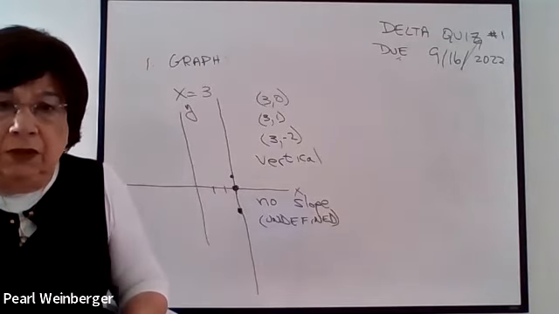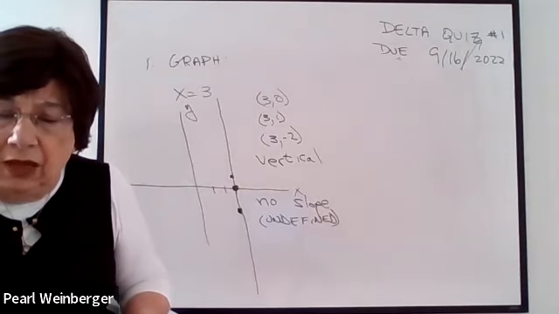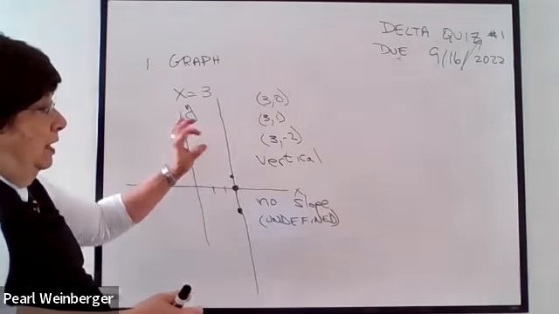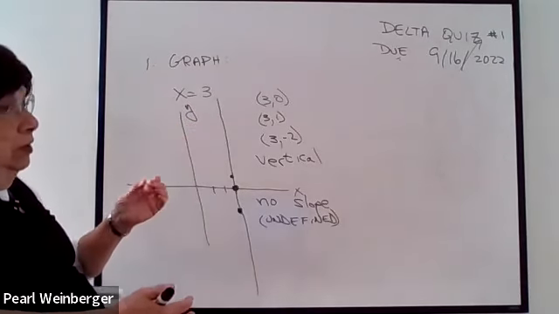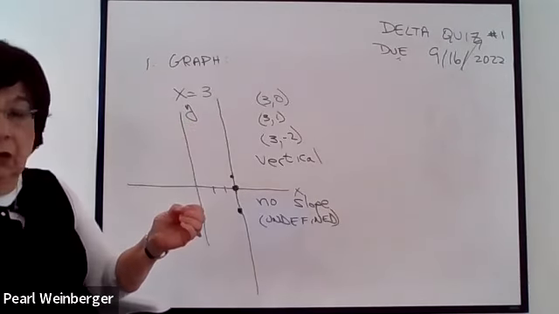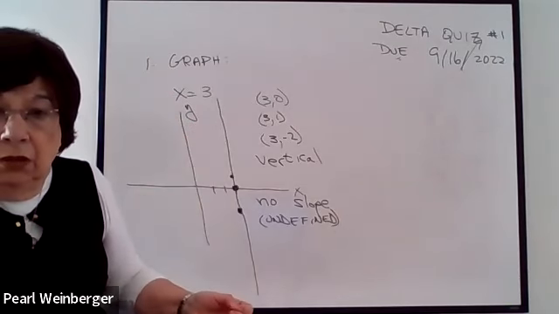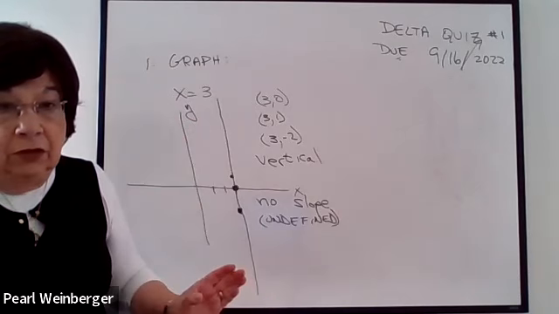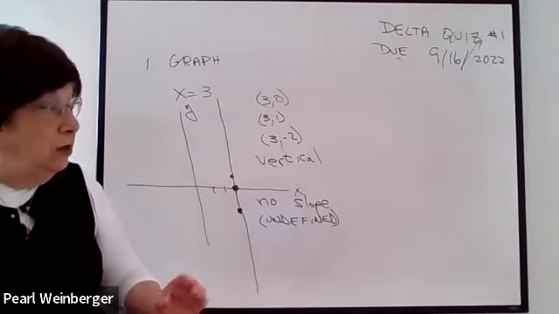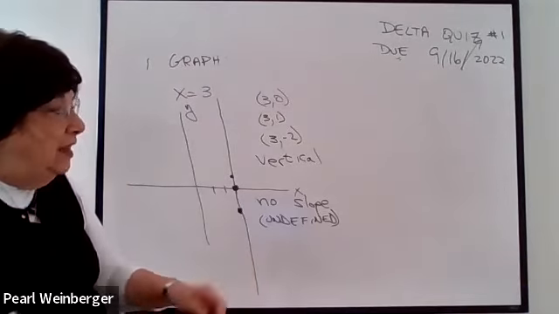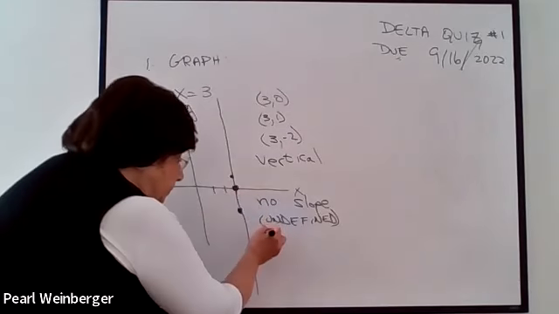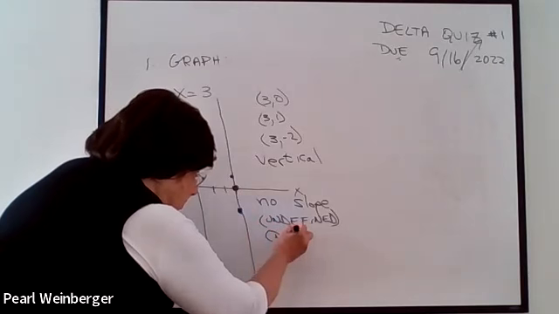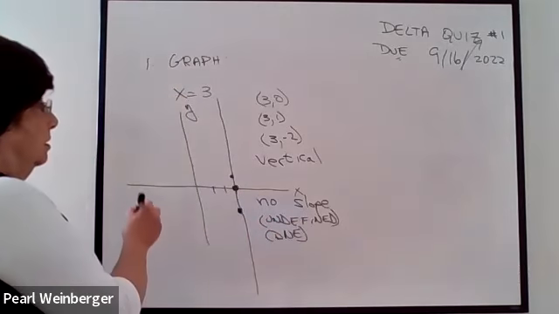You can't divide by 0, which means you can't have 0 in the denominator. Anytime you try to write something that has a 0 in the denominator, you're getting what's called an undefined number. Undefined means it does not exist.